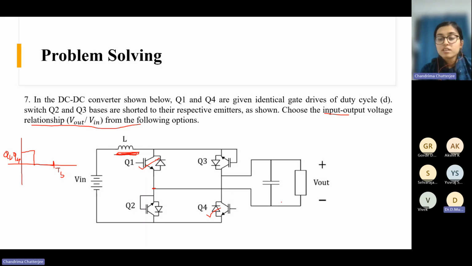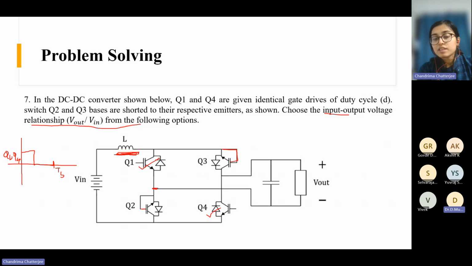Now let's see. If Q4 is on, then minus V out is connected here, right? And another important thing here is that these two switches Q2 and Q3, their gate and emitter are shorted.